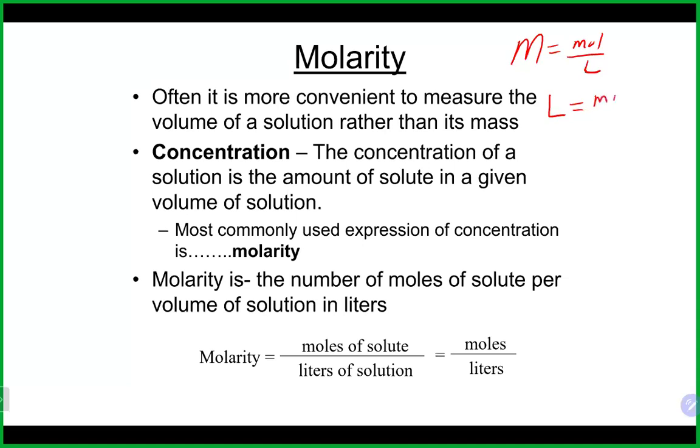That would be moles divided by the molarity. If you wanted moles, which is a very common calculation, you would need liters times molarity. And like I said, it's very common to solve for any one of these three things, given the other two pieces of information.